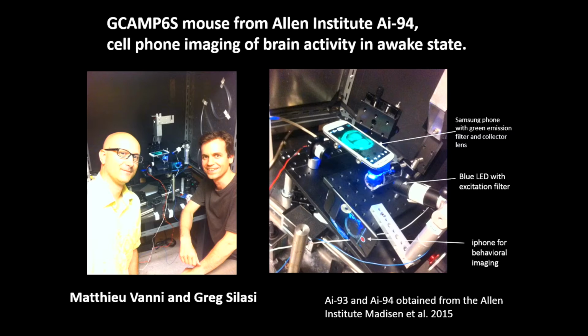There's other mice we used, we had to do all kinds of image processing, but these Allen Institute mice were terrific. So there's a mouse under there, and there's a cell phone above it. It's awake, and that's an image on the Samsung phone. And I'm actually going somewhere scientific with this, you'll see. There's an iPhone here for monitoring the behavior.